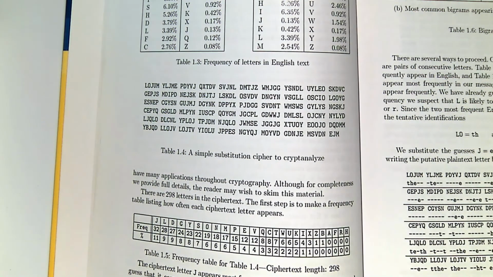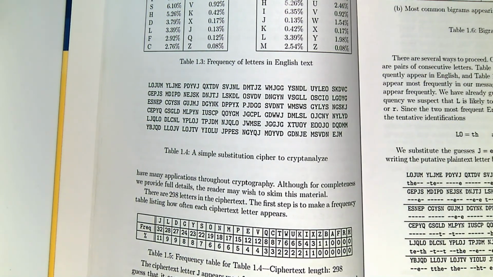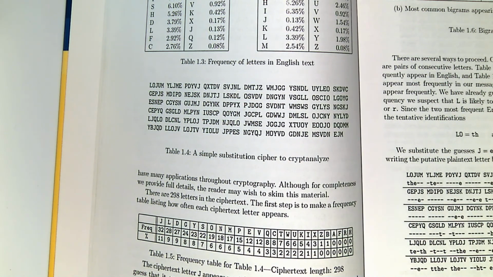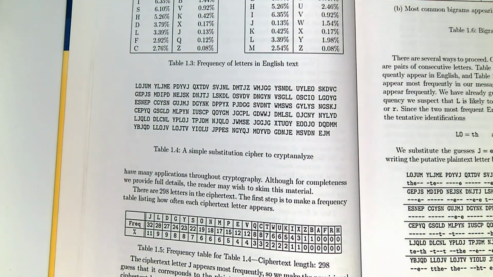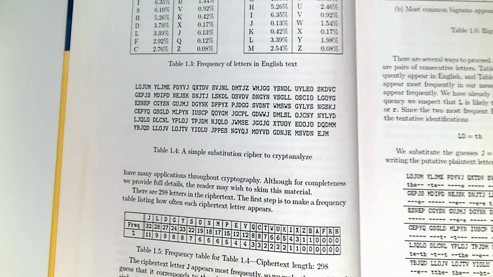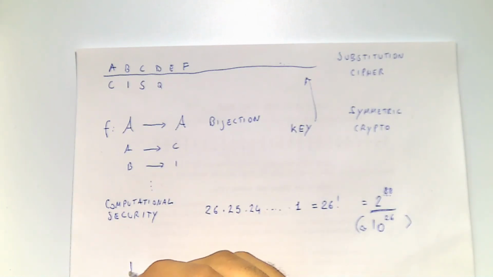Because if I didn't know this, I would just have the 26 factorial possibilities equally. But now I can start guessing that, for example, the most common letter, which is the J, has to map to the E, because we know that the E is the most frequent, right? So then I'll go here, and I'll map the J to the E.